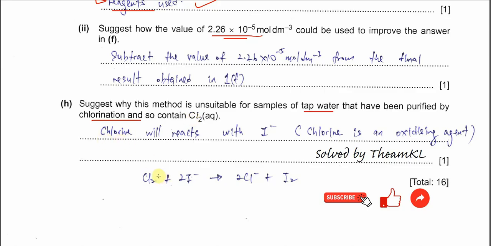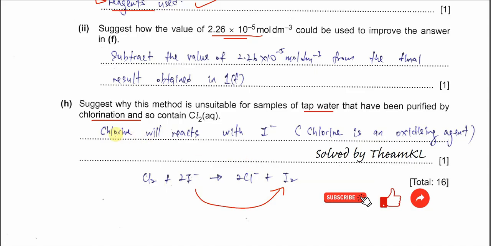Chlorine, we know, is more reactive, or more negative in electrode potential, than iodine, right? So chlorine will oxidize the iodide to form iodine, and chlorine itself will form chloride. So it will be a displacement reaction.